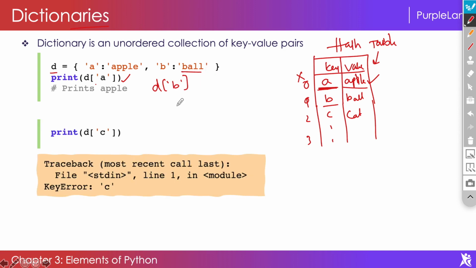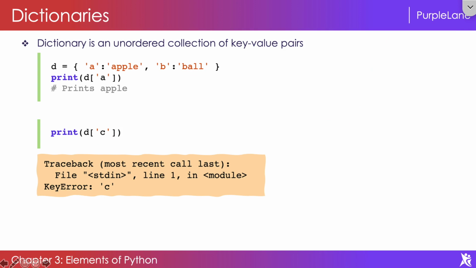And if you try to access a key which is not there in the dictionary, then it will throw a key error. For example, here we are trying to access key C, which is not there in this dictionary. Clearly C is not there, and you are trying to access C, so it will give key error, right? So this is how you define and access elements in the dictionary.